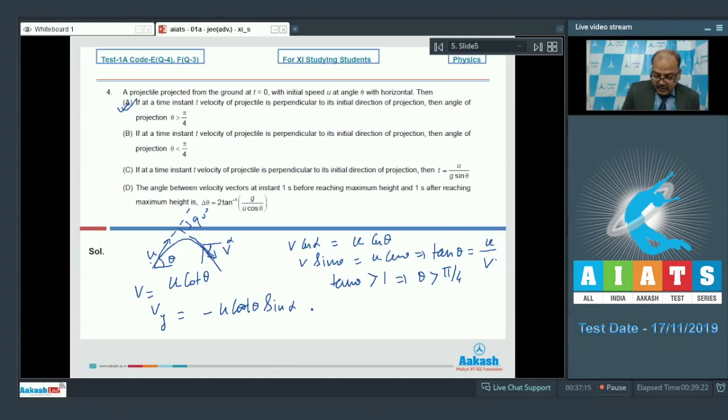And which is minus u cos theta by sine theta into sine alpha, which is again cos theta, and this is equal to u sine theta minus gt.